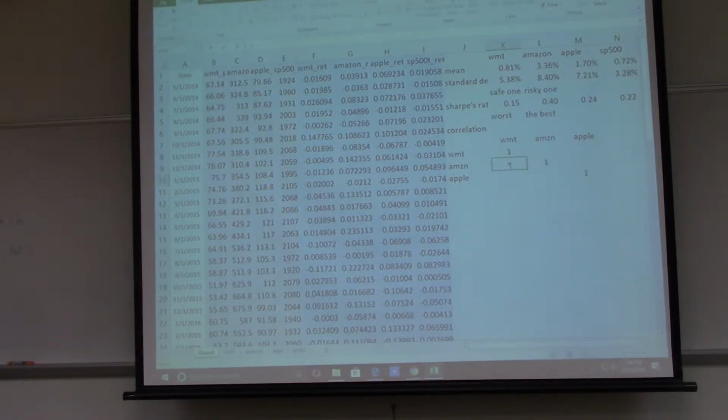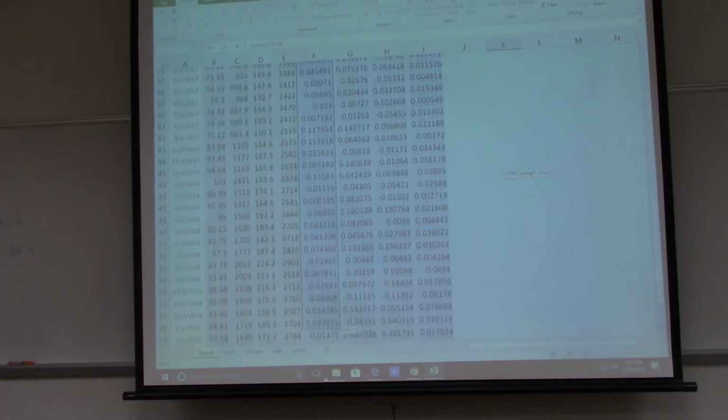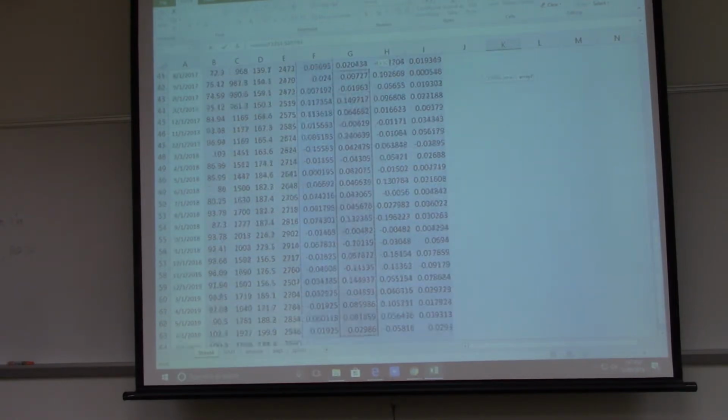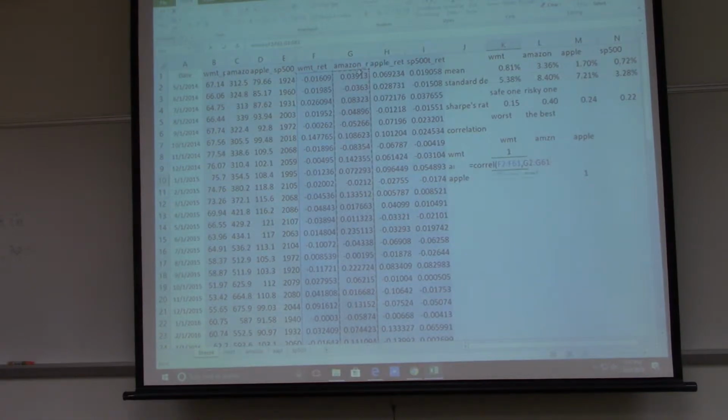So it's quite simple using Excel. CORREL is the syntax, and then Walmart's return from the top to bottom, comma, and Amazon's return from top to bottom, and that's all. And Apple is the same.